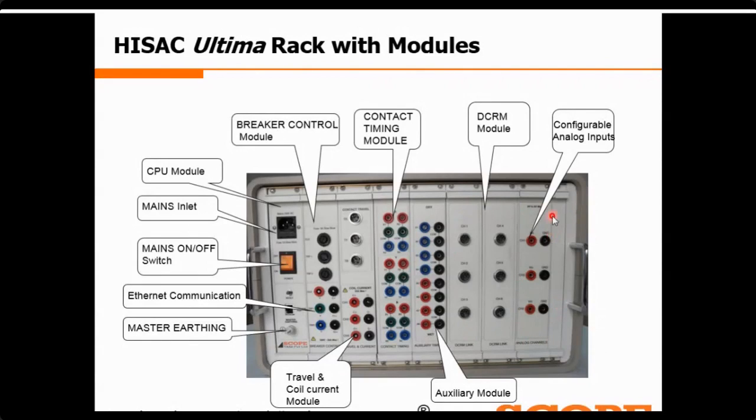Based on the different requirements of different utilities, sometimes the customer asks for vibrations, sometimes they ask for the pre-insertion resistance value. So for these parameter evaluations, we have the configurable analog inputs here. This is totally based on the special requirement of the customer.